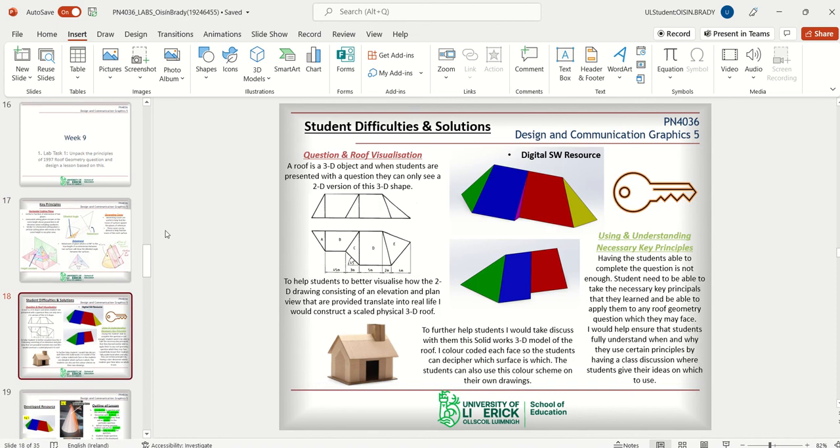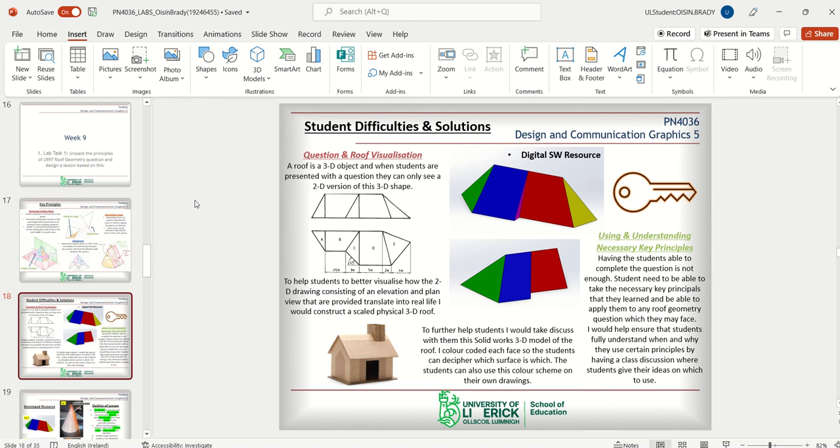So then just moving on to some student difficulties and solutions. The most important thing is to be able to visualize the question itself, and if the students can't, they're going to really be stuck. A roof is a 3D object, and when students are presented with a question that they can only see a 2D version of, in this question they're given elevation and plan, it's hard to visualize how this looks in 3D.